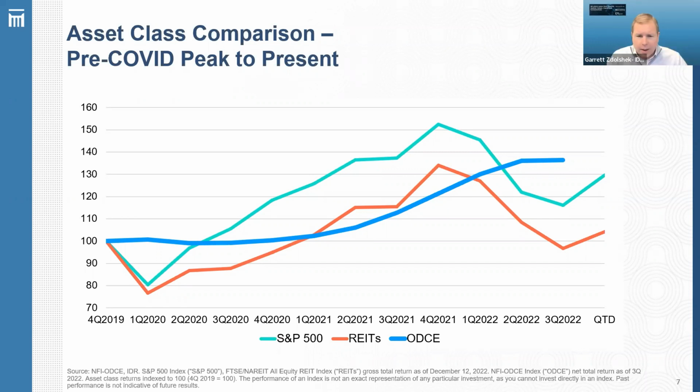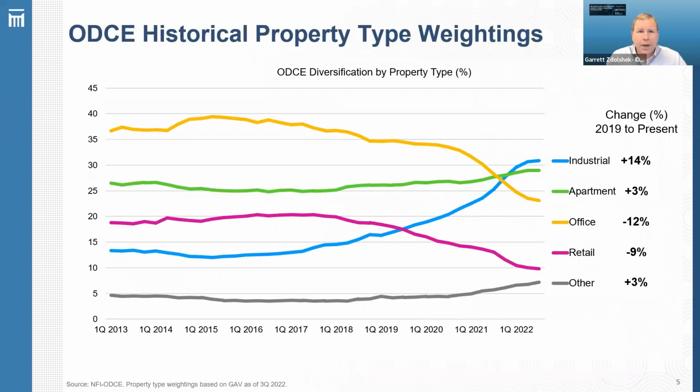Yeah, so I would say this, if you look at how fast they changed, and I'll actually go back here. If you look at how fast these weightings changed, again, think about a lot of it came from value change. And I'll talk about values and performance over the last 3 years here in a minute by sector. But that would tell you there was a huge divergence between the performance of industrial, for example, and office or retail.